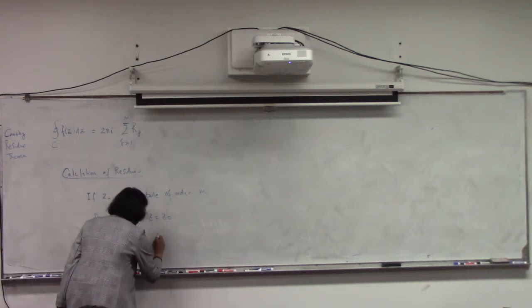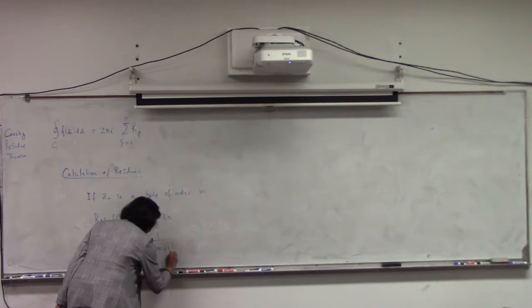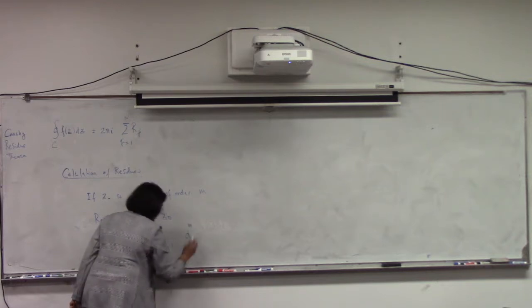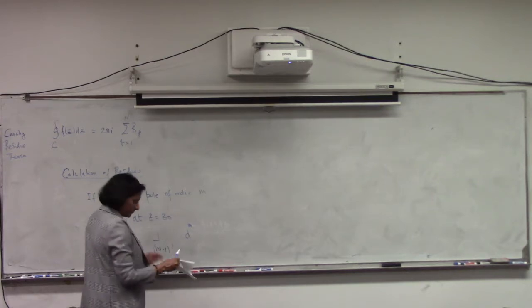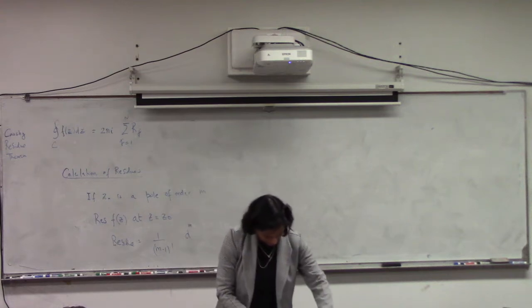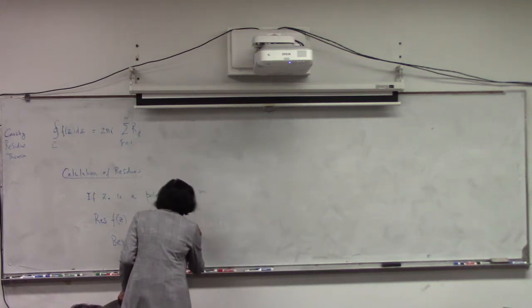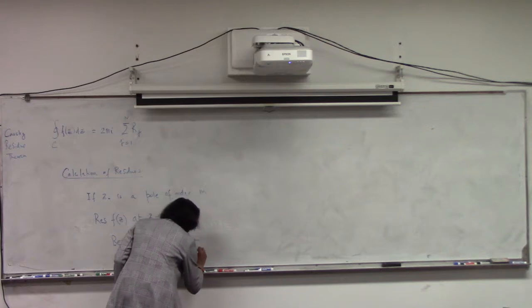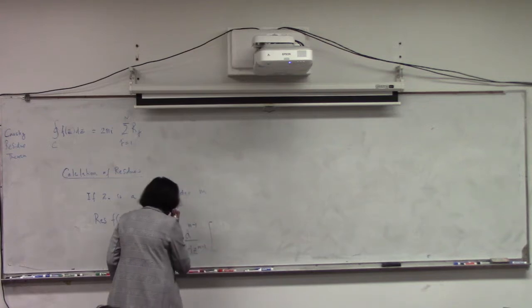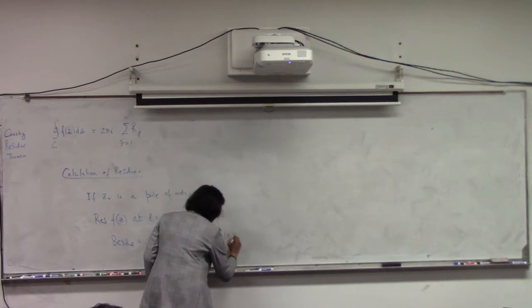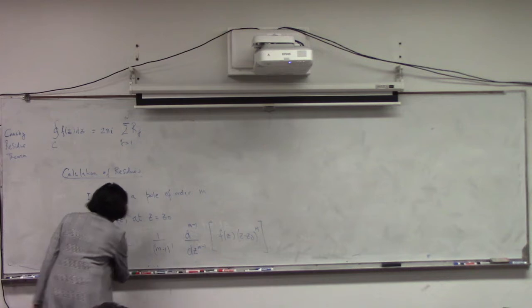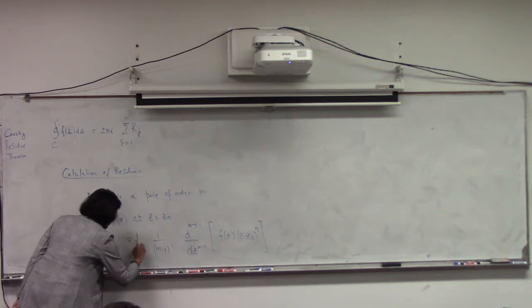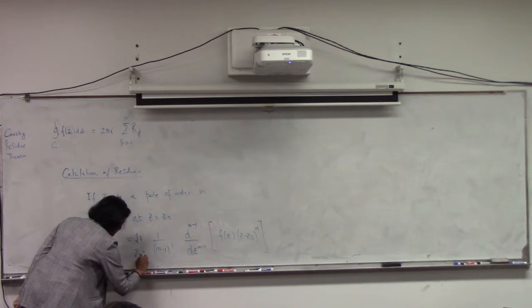The residue is given by the following formula: the (n minus 1)th derivative with respect to z of f of z multiplied by z minus z naught to the power n, and you have to calculate all these things in the limit z going to z naught.